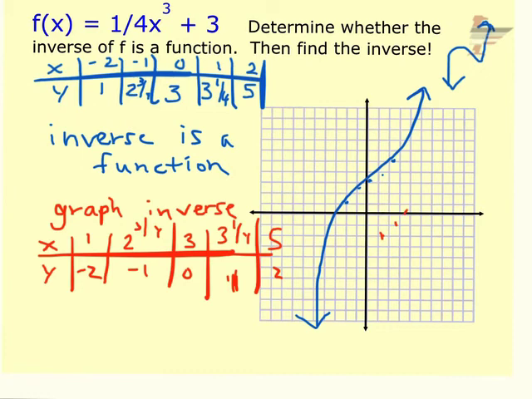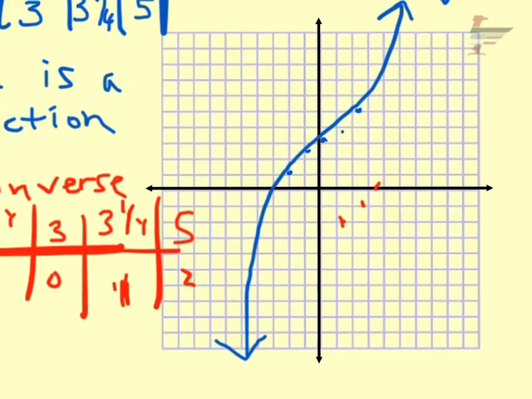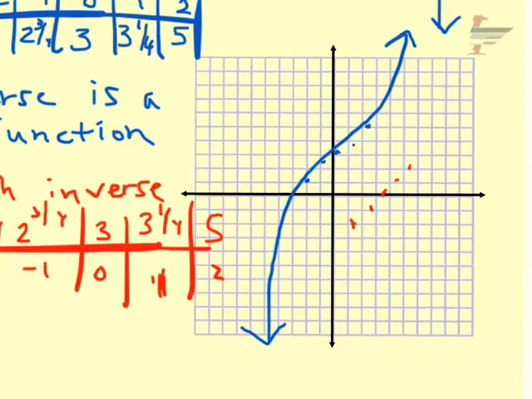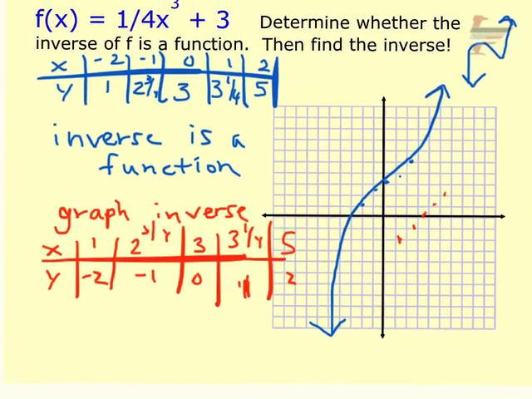Oh, I'm horribly off, sorry. 3 1/4 and 1. And then 5 and 2. And then I know that that is going to kind of do this. And remember that your original function and your inverse function always reflect over the line y equals x. So you can kind of see that they do reflect.